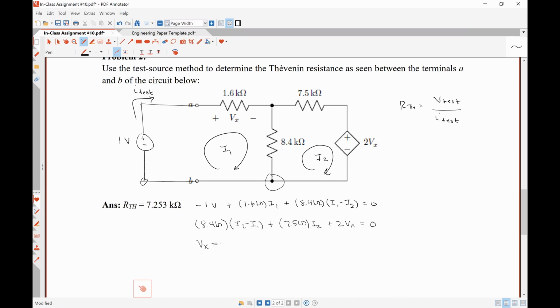Vx is equal to 1.6 kilohms times I1. That works for me. So we have 3 equations, 3 unknowns. So we should be able to solve pretty easily. So I1, I2, Vx, let's see. All right, so somebody else give me the results, because this is not the way that I happen to do it, and we'll talk about that in a moment when I made my solutions guide out for this.